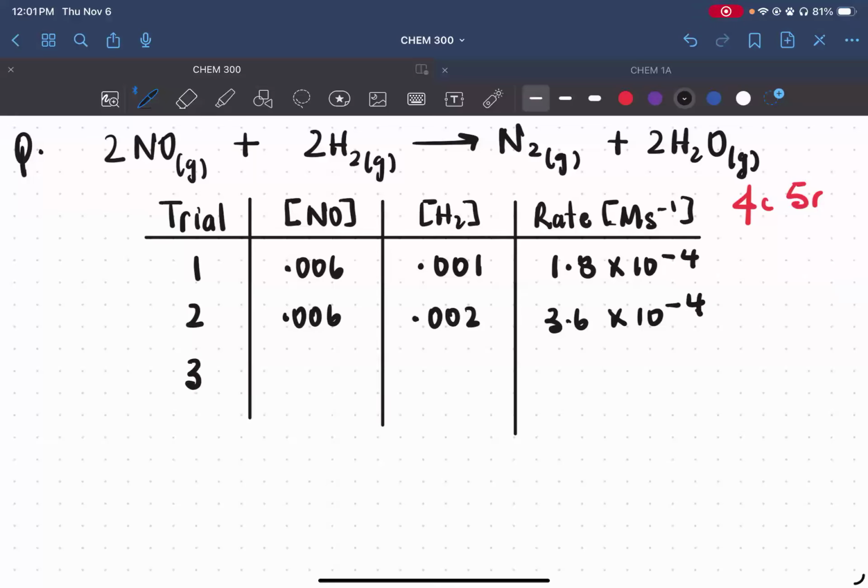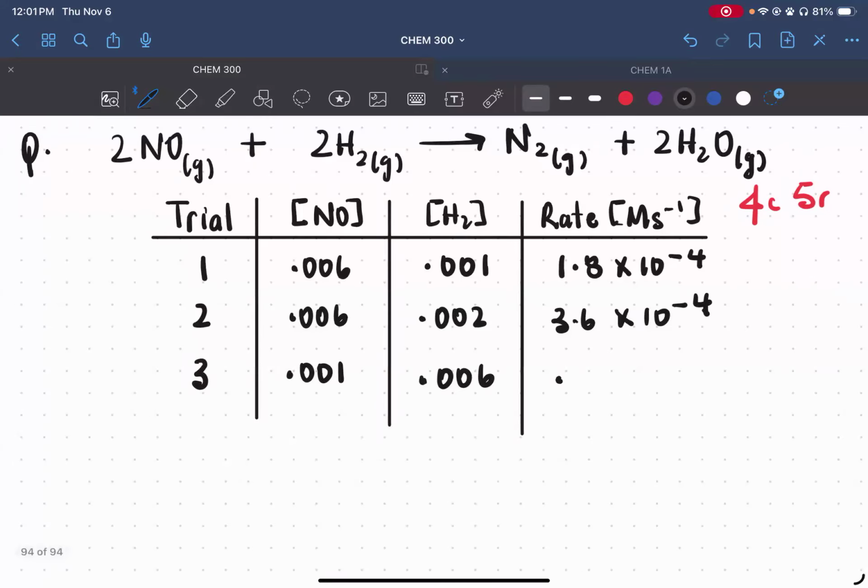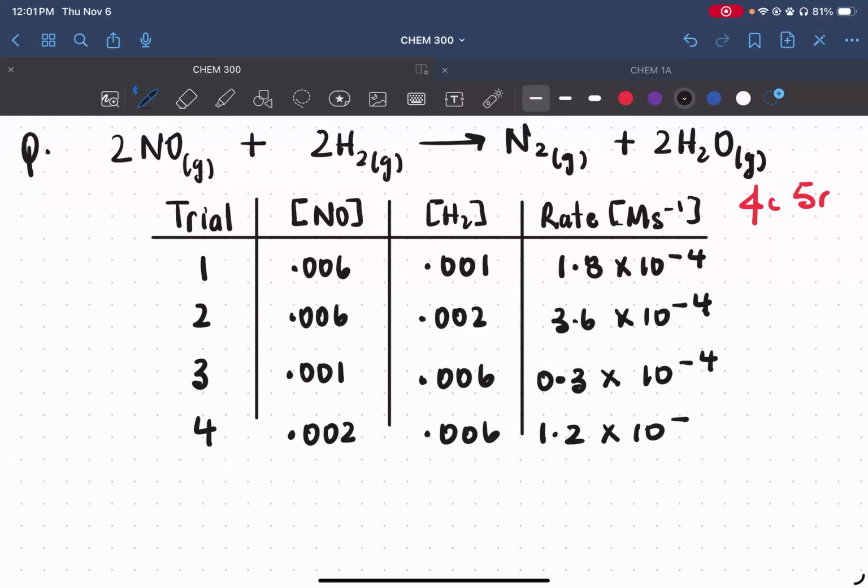For trial 3, 0.001, 0.006, 0.3 times 10 to the negative 4. And finally, trial 4, 0.002, 0.006, 1.2 times 10 to the negative 4.